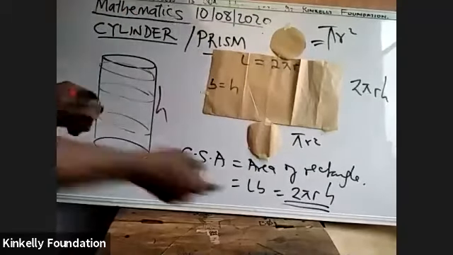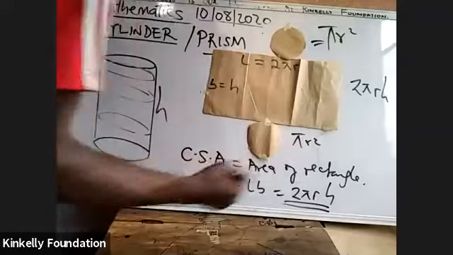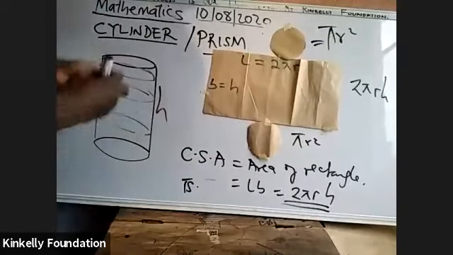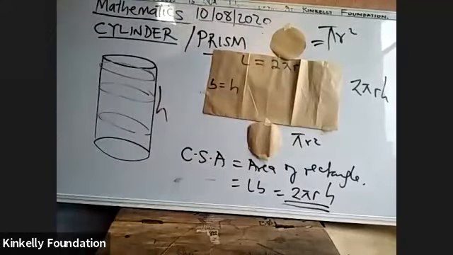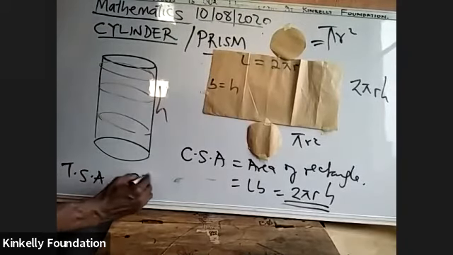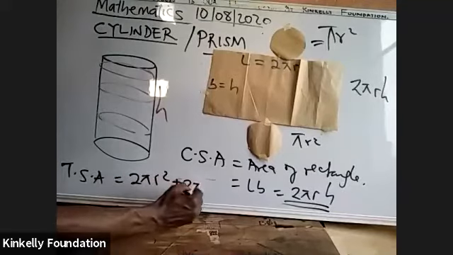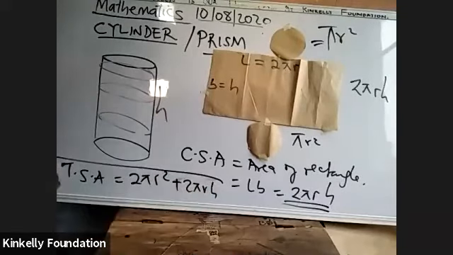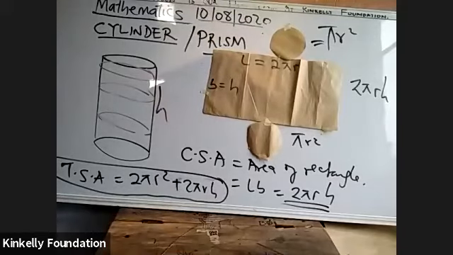So the TSA will give us 2 pi r squared plus 2 pi r h. This is for a solid cylinder, closed at both ends. This is the total surface area of that cylinder.